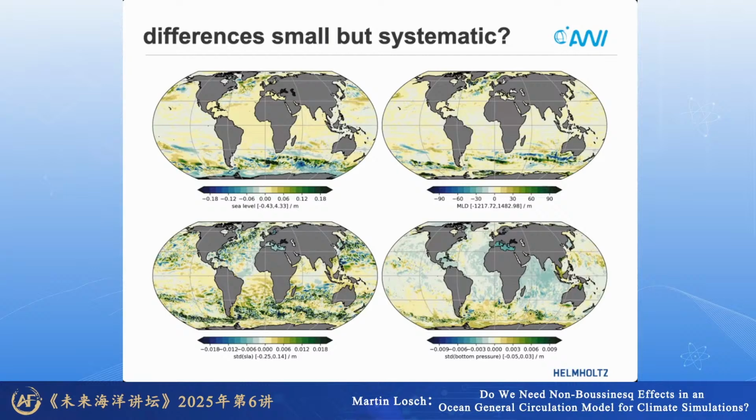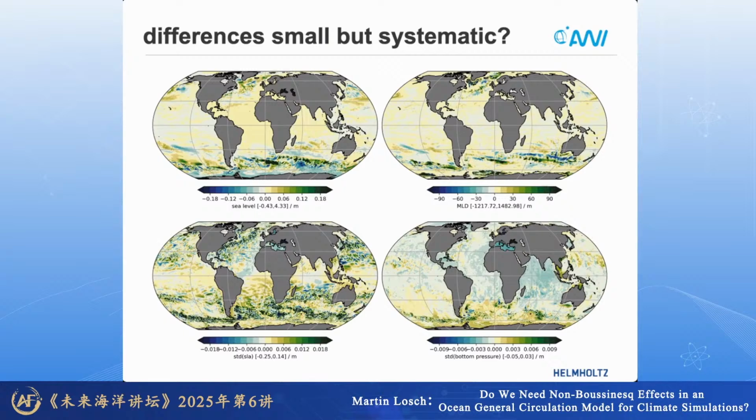That's maybe not so interesting, but the bottom right is the anomaly of the variability of the bottom pressure, and there you seem to have systematic differences, with larger variability with the Boussinesq model in the lower latitudes and smaller variability in the higher latitudes. That is a bit concerning.